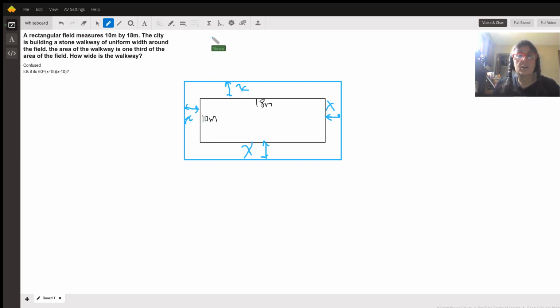So the area of the walkway, which I'm just going to call w, is basically the area of this rectangle here. It doesn't include the field, plus this rectangle here, which I need to move down, and then plus each of these smaller rectangles here.